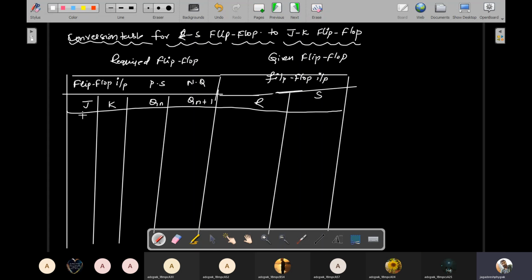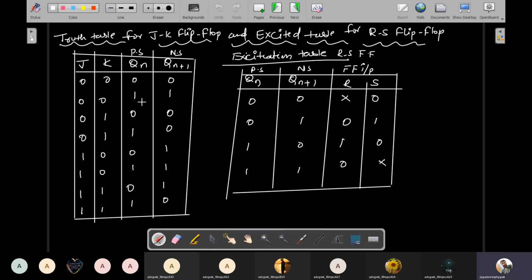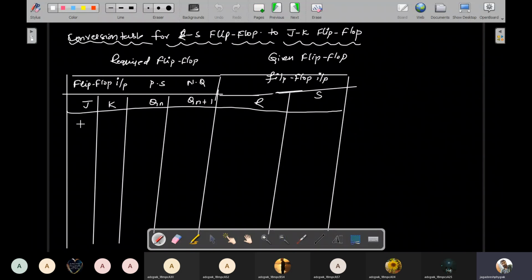Okay, so take the simple way, same as the exact truth table of JK flip-flop. I'll consider once again the same table: 0 0, 0 1, 1 0, 1 1.